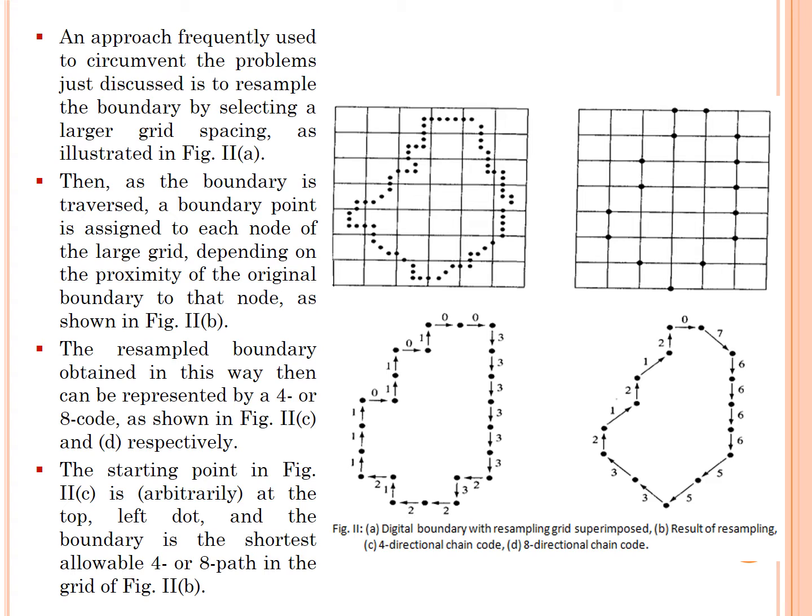The starting point in figure 2c is arbitrarily at the top left dot and the boundary is the shortest allowable 4 or 8 path in the grid of figure 2b.